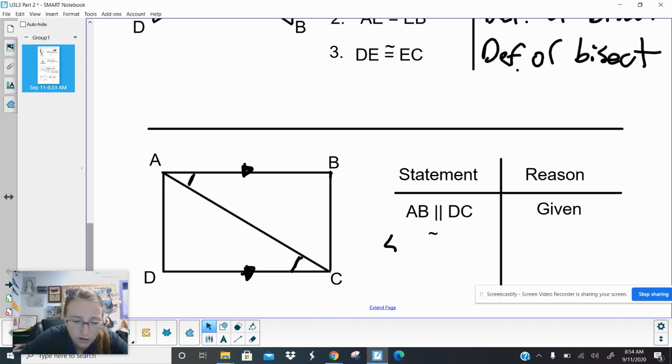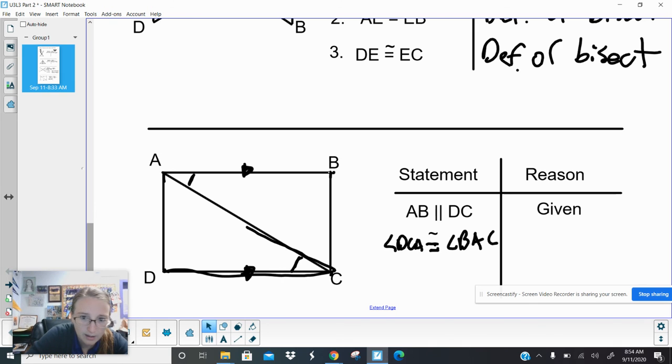This is now angle DCA congruent to angle BAC. So again, D to C to A, B to A to C. Those are my two angles.